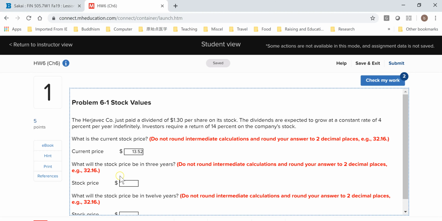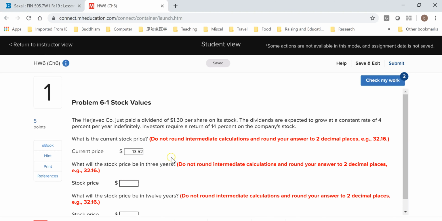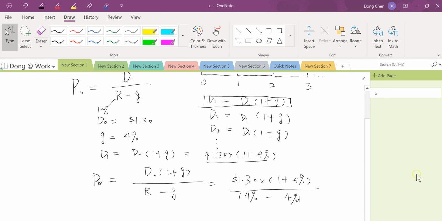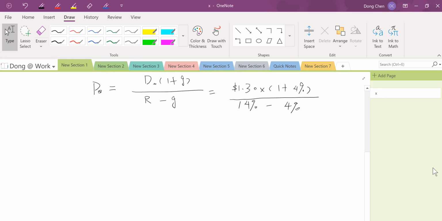So the second part is what will the stock price be in 3 years? So what happened is, if we draw a timeline, so this is 0, 1, 2, 3, 4, 5.